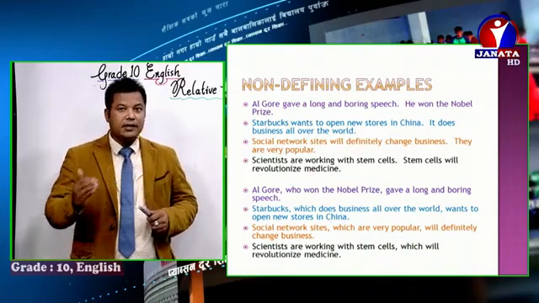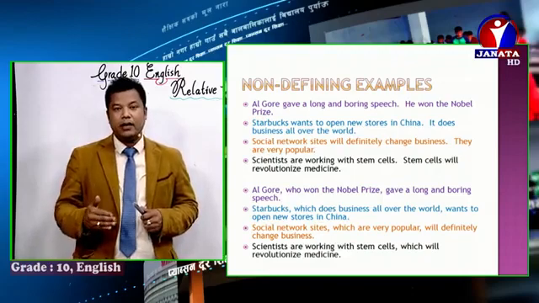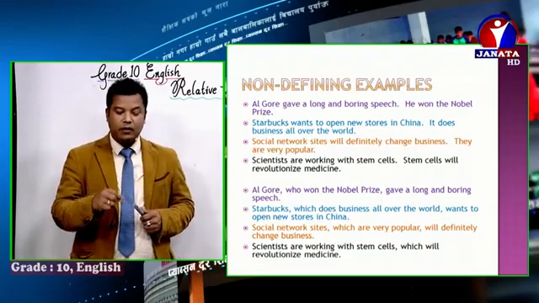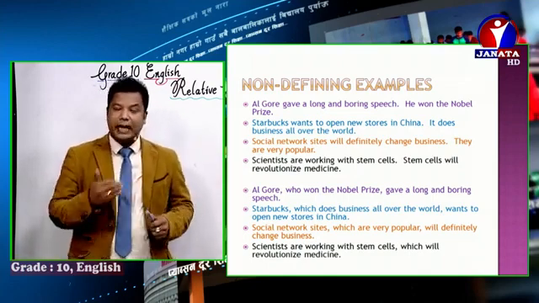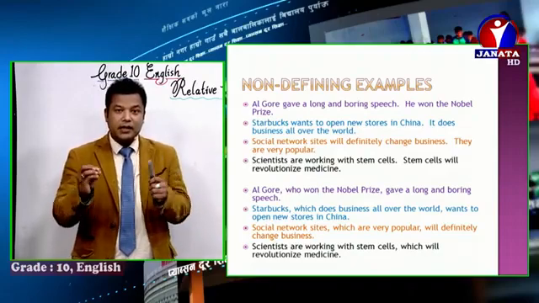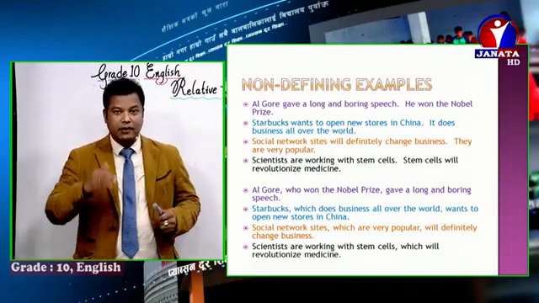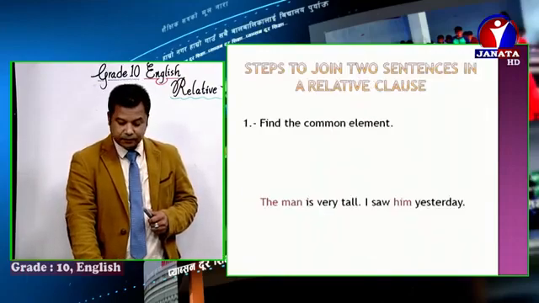Now, why does it happen, and how does the meaning change when you use a comma for non-defining clauses? What happens if you simply remove them? Can you remove it or not? How to merge two sentences in the easiest way possible? That is a skill we are going to explore together.